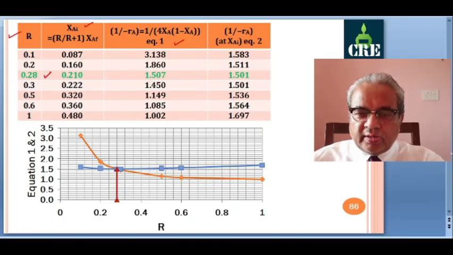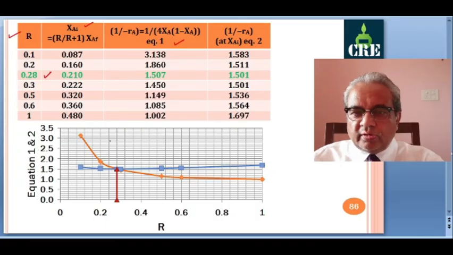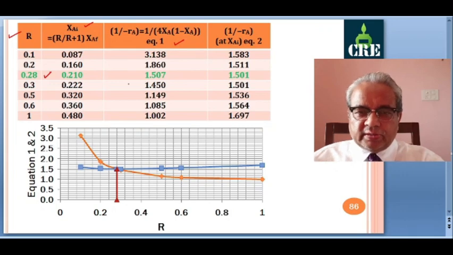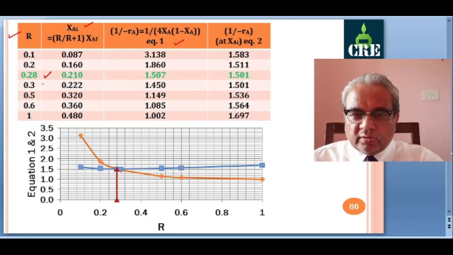Same thing graphically also. You plot equation 1 and equation 2 here. Equation 2 is this. Equation 1, starting from 3.1 to 1, is almost constant, and here it crosses at 1.507, or 1.5 you can say, and this gives you a recycle ratio of 0.28.